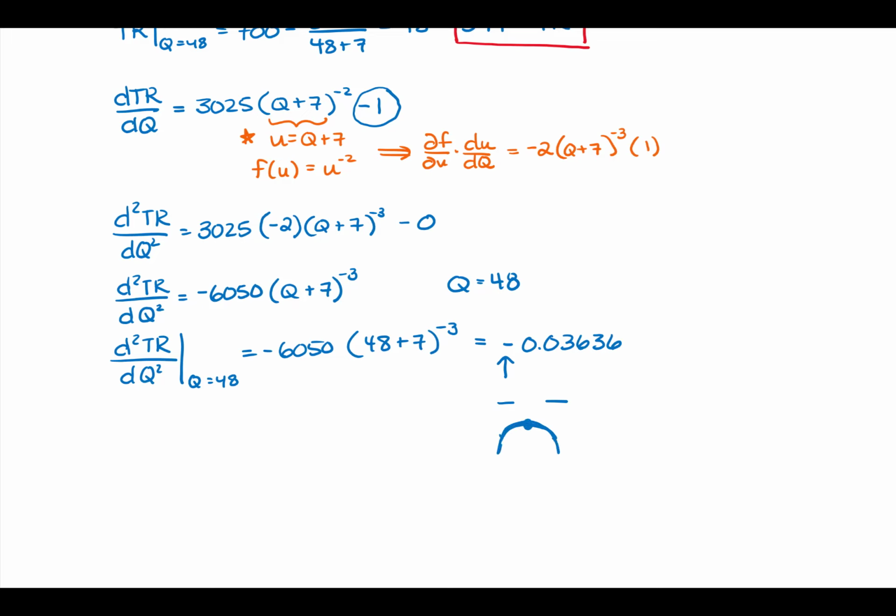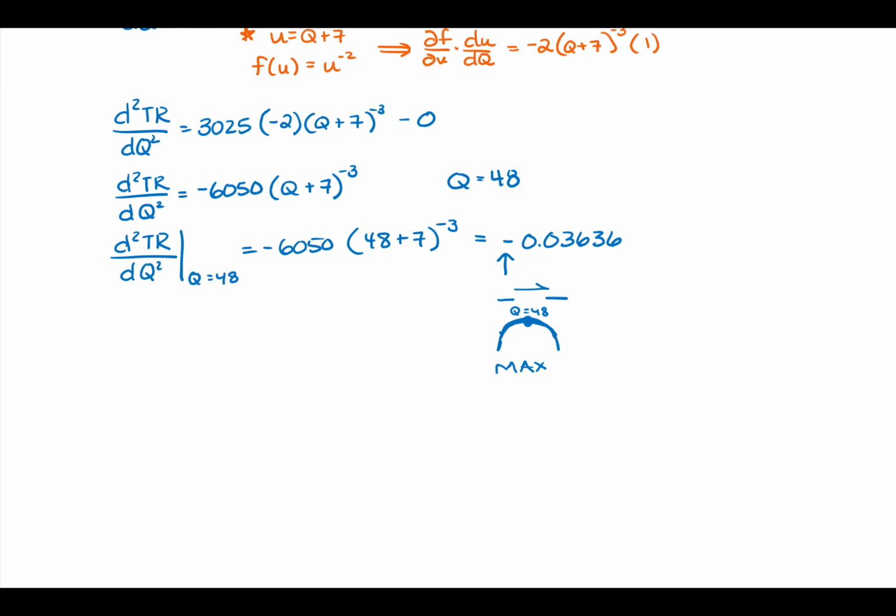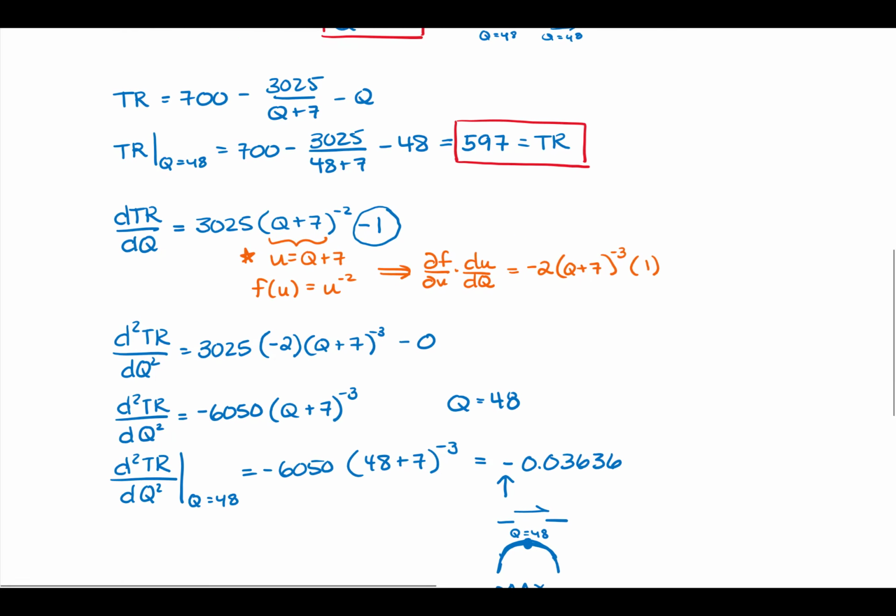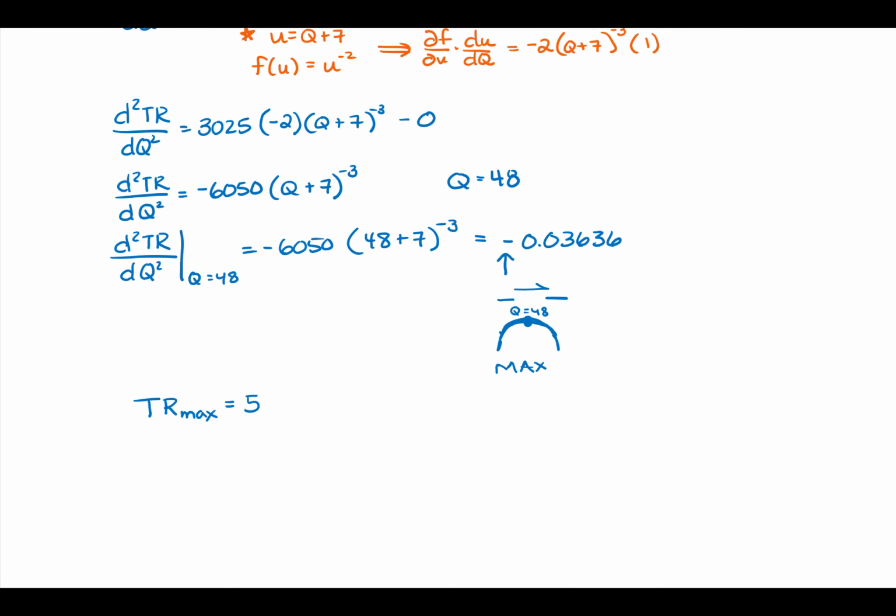So when q is equal to 48, we're in a concave down region where the slope is 0. That indicates that we are at a maximum. So now I have confirmed that we are indeed working with a maximum, and we know that the maximum revenue is equal to, and we solved this earlier right here, 597, and it occurs when q is equal to 48.